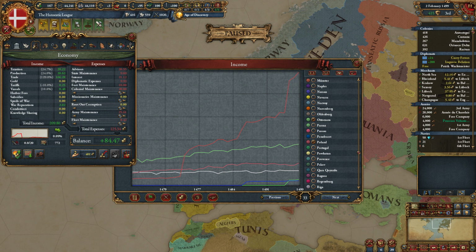And if you see the comparison right there, then you notice that I actually have more income than anyone else in the world at this point, and even so much more income than the Ottomans that you would think this is impossible starting as Gotland. But with this technique of being basically a Hanseatic League Denmark, it is not impossible.